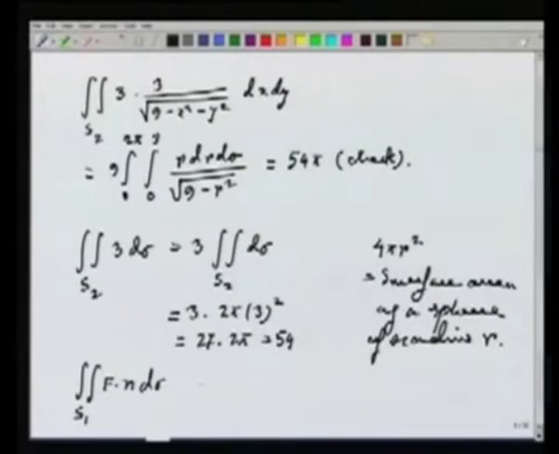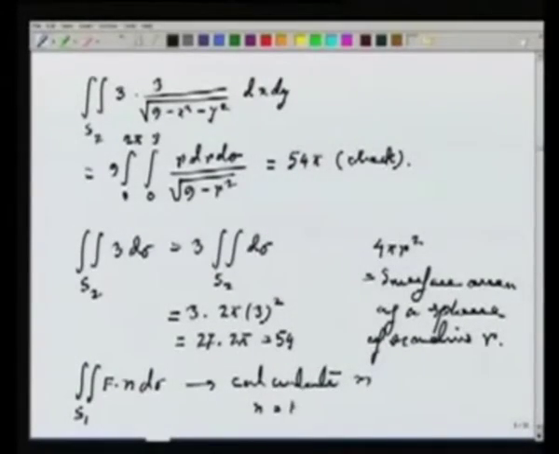So in this case, first I have to calculate n. Earlier the n which I have calculated is for the hemisphere. Now it is for the case z equals to 1. But in that case, I know that n is actually equal to k, that is the outward unit normal vector. So f dot n, since I know the value of the function, is nothing but z minus 1.